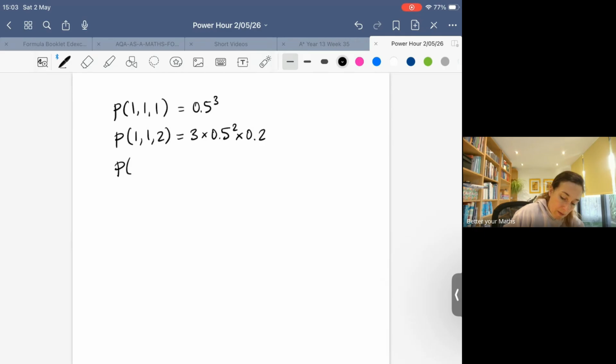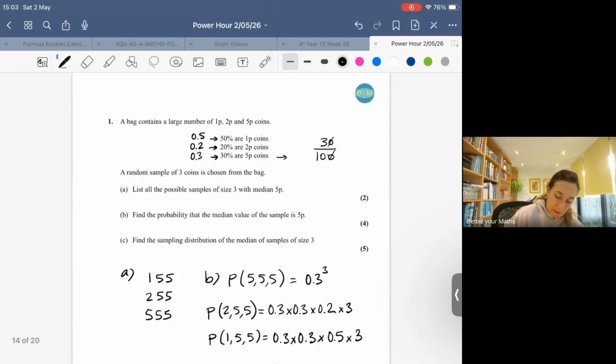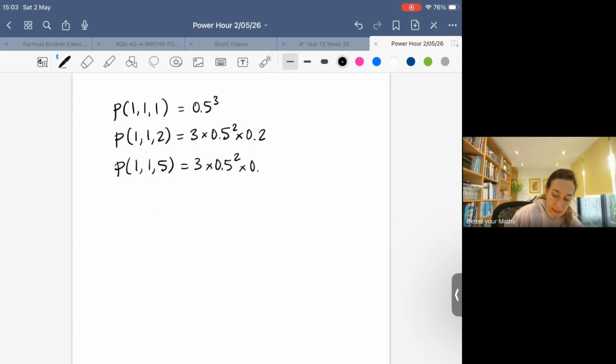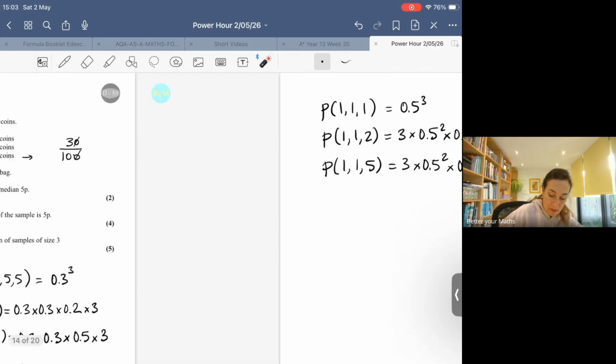And probability of 1, 1, 5 is 3 times because of the 3 options, the 0.5 squared, and then the probability of 5 was 0.3. And I am going to add them all together. For the last one, and that will be this one.